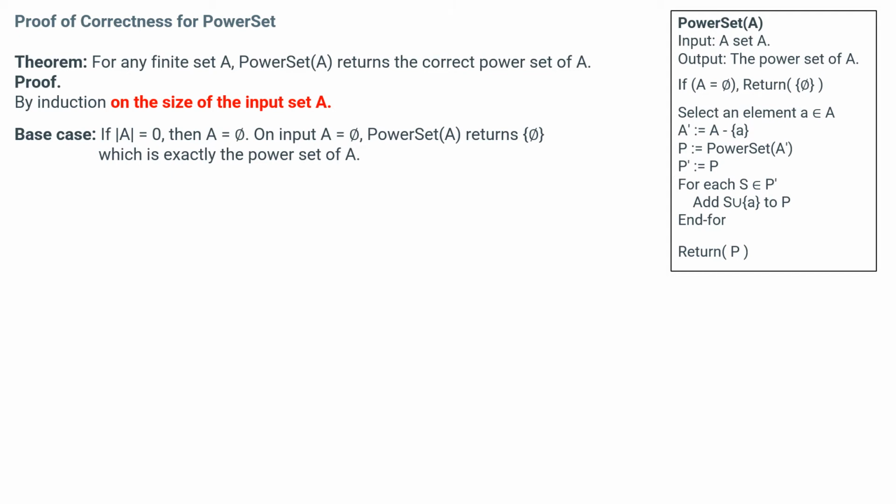And if the empty set is input into this algorithm, then what would be returned is the set that includes only the empty set, because of this first statement that says if A is equal to the empty set, return the set including only the empty set.